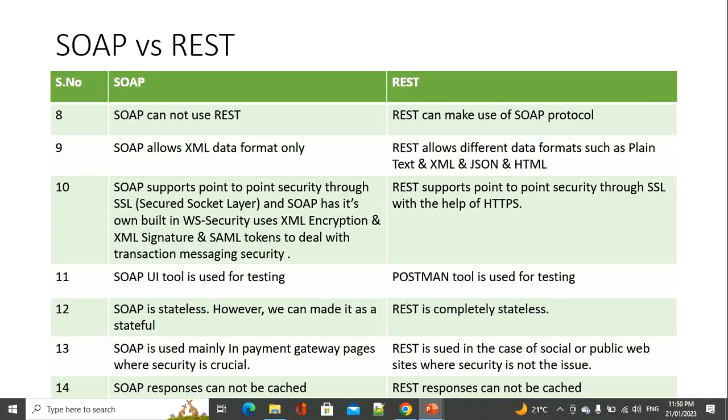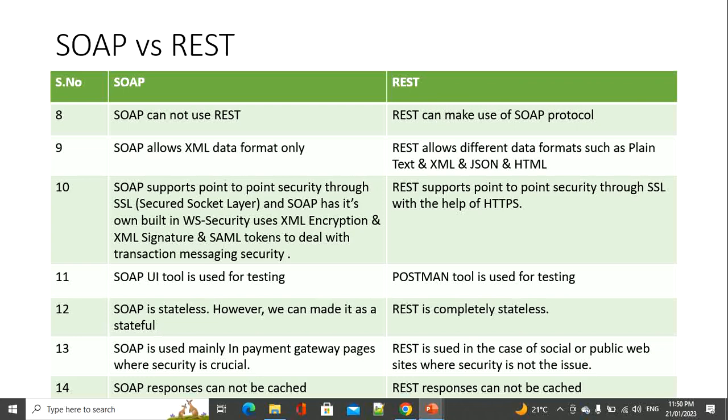For example, your business logic consists of some ACID compliance transactions. So that's why SOAP has introduced its own WS security to handle all these things, even in your business logic also.